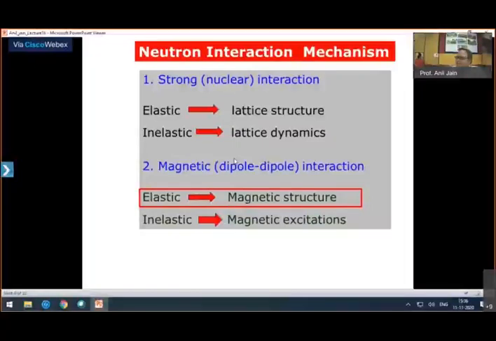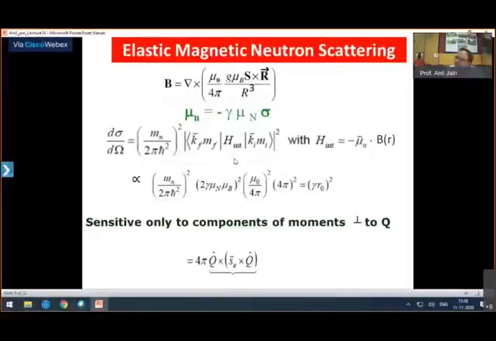So what we want to probe by doing a neutron diffraction experiment is to determine the static magnetic structure of the material we are investigating. But before determining the magnetic structure, one should be clear about its crystal structure. Then only can you proceed towards determining the magnetic structure. I believe this part might be covered a bit.